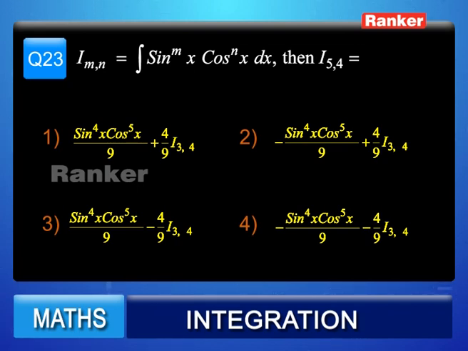Second option, minus of sin x to the power 4 into cos x to the power 5 by 9 plus 4 by 9 into I 3 comma 4. And third option, sin x power 4 into cos x power 5 by 9 minus 4 by 9 into I 3 comma 4. And fourth option, minus of sin x to the power 4 into cos x to the power 5 by 9 minus 4 by 9 into I 3 comma 4.